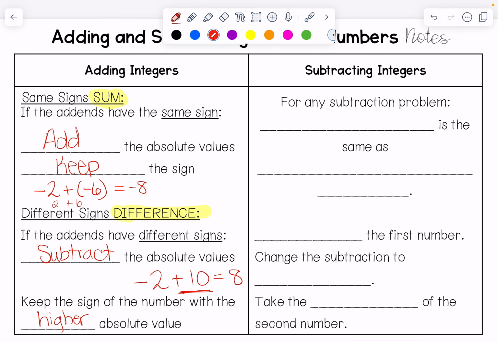For subtraction problems, we're really going to focus on how subtraction is the same as adding the opposite.